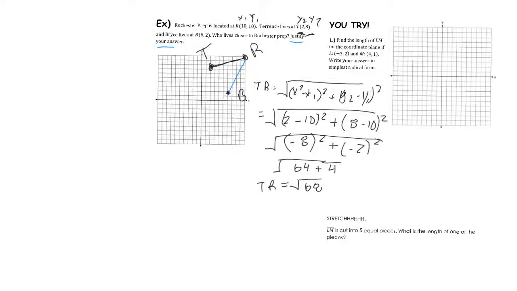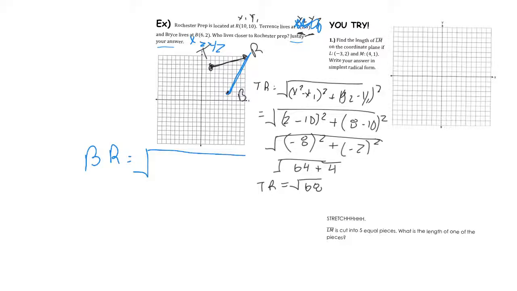Now I'm going to do Bryce. I kept saying Bruce. Bryce to Rochester Prep. So now I'm not going to use Terrence's point anymore. I want just B to R. So I'll still use R as x1, y1, but I'm going to use x2, y2 for Bryce. So here we go. BR. Square root.